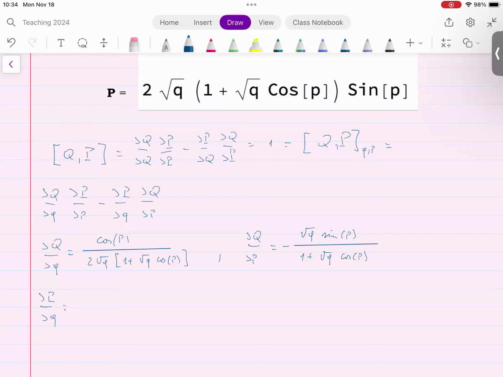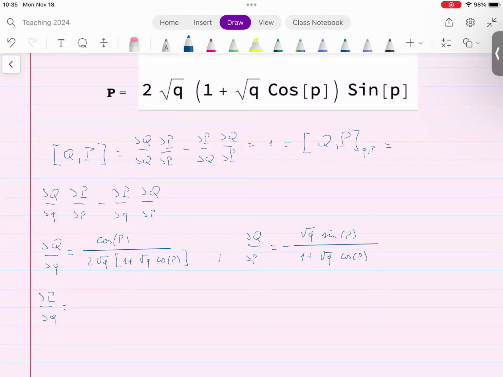Well, it's not too much work. Let's see how that turns out. I'm just looking at the result to make sure I don't make mistakes.